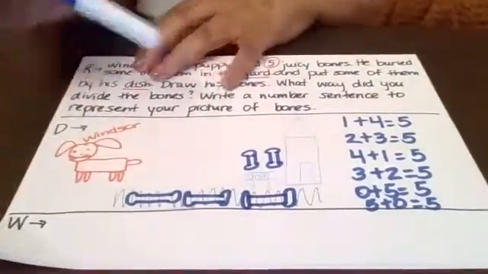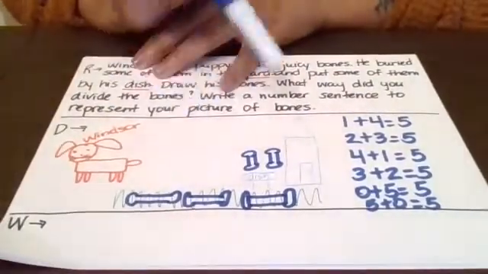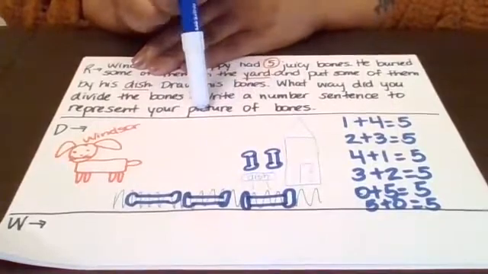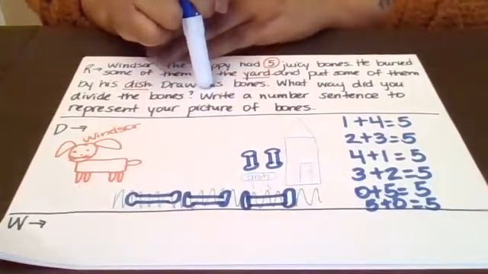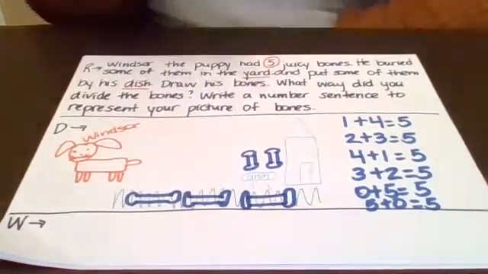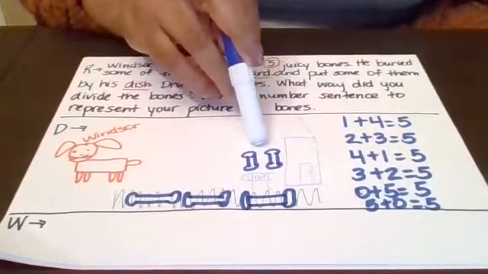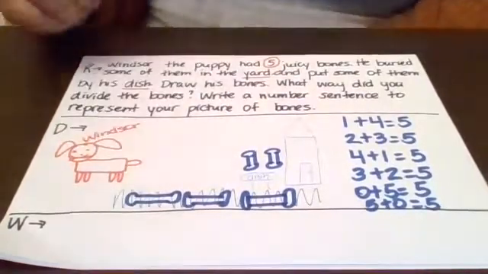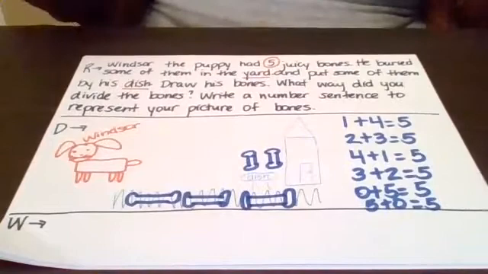Look at my picture. Here's his dish, and here's the yard. How did I divide the bones up? I put 2 bones in his dish, and I put 3 bones in the grass, in the yard.